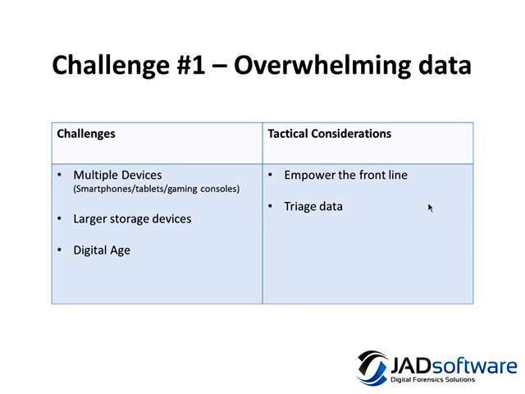So using tools that can do quick scans of a drive or device and give you an idea of what's on there before you dive in and do your full examination is very useful.